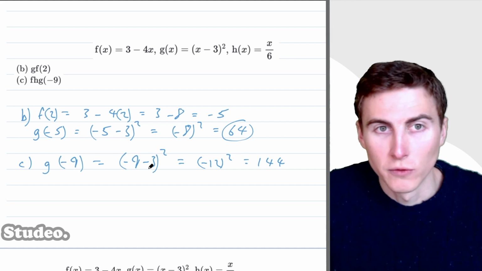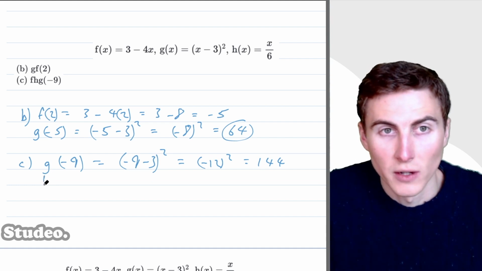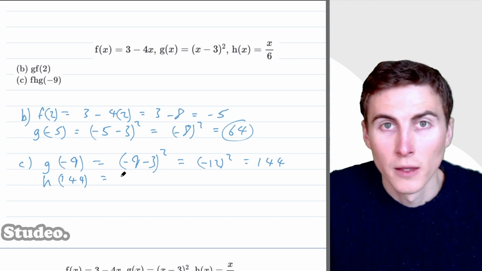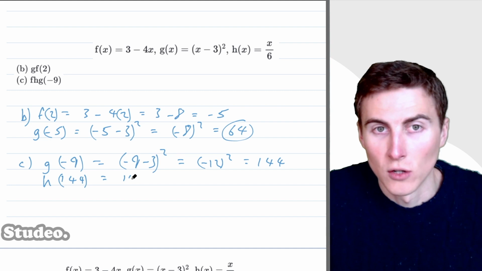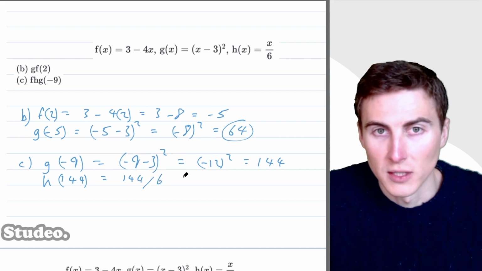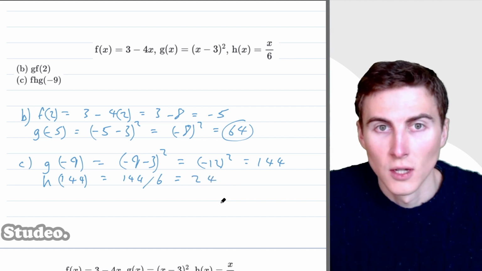So now we have 144, we can do the next letter, so h. So we now find h of 144, and h of x is just x over 6. So this is going to be 144 divided by 6, which is 24, I think.